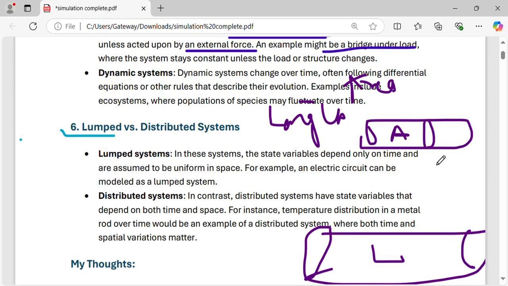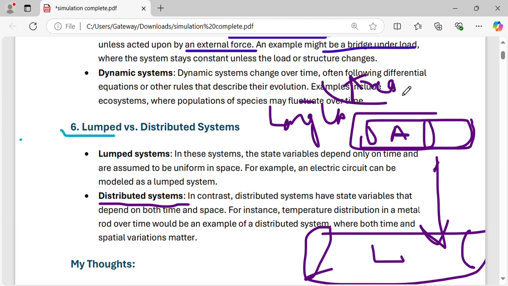I think it was some law that we have studied. So we said that the total cross-section of the rod depends upon both the area and the length, right? So these distributed systems depend on both time and space.